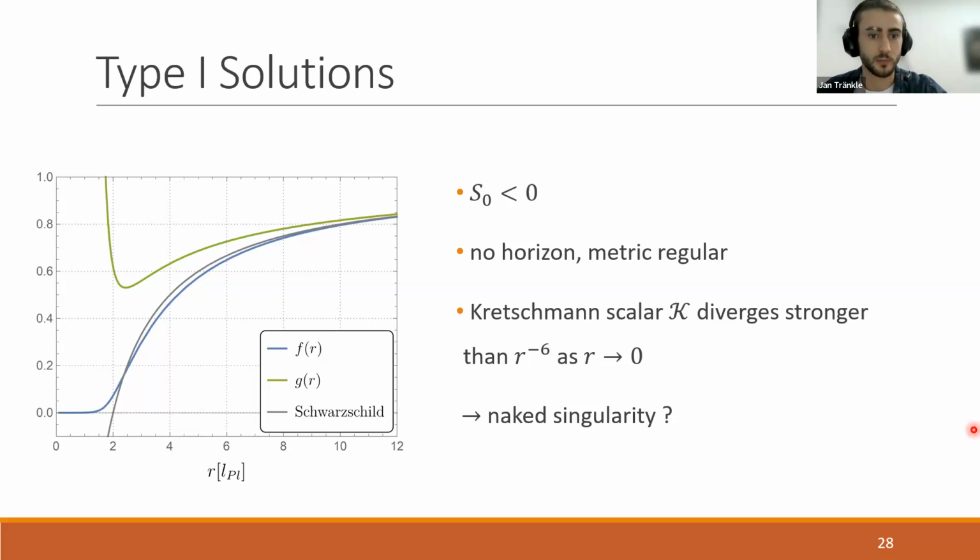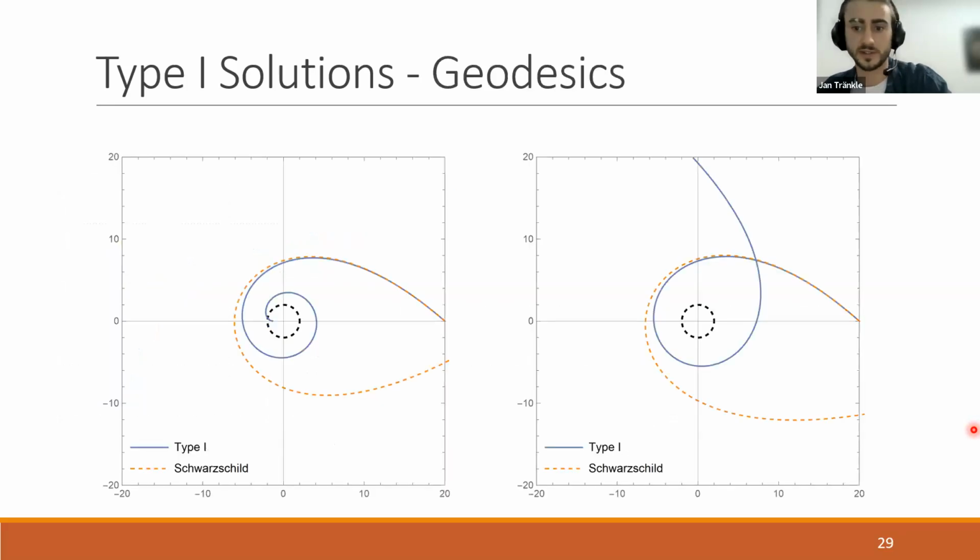And just to give you some physical intuition as to what these solutions imply, I'm plotting here some geodesics. What you have here is the new type of geometry at the origin, and I'm basically just dropping a test particle from the side towards the origin, varying the initial conditions a bit to show you different trajectories.